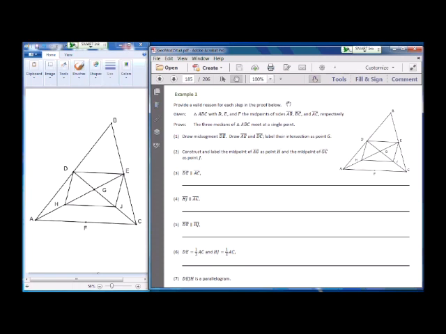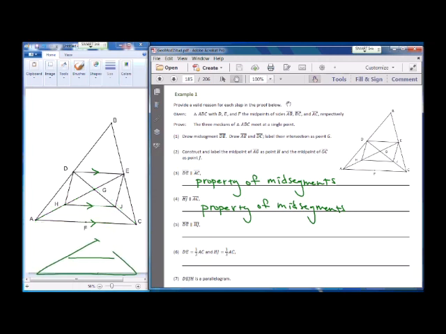Step 3: DE is parallel to AC. That's true because DE is a midsegment of triangle ABC. Step 4: HJ is parallel to AC. That's also true because it's a property of midsegments, and we're thinking about this triangle down here having midsegment HJ. In step 5, we're proving that DE is parallel to HJ.